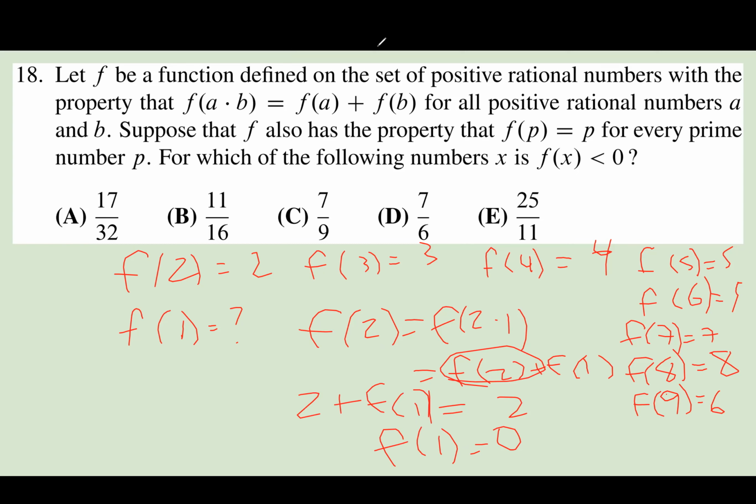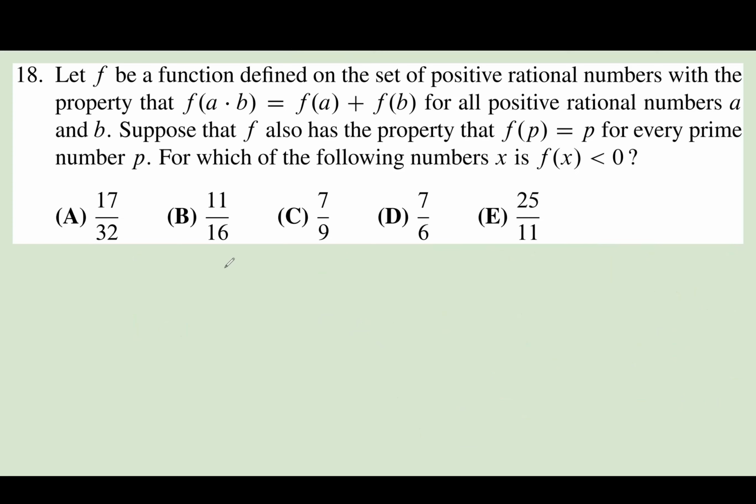And we're going to use that to figure out which of these could be negative, because if you think about it, what's f of 1 over any number? F of 1 over a.